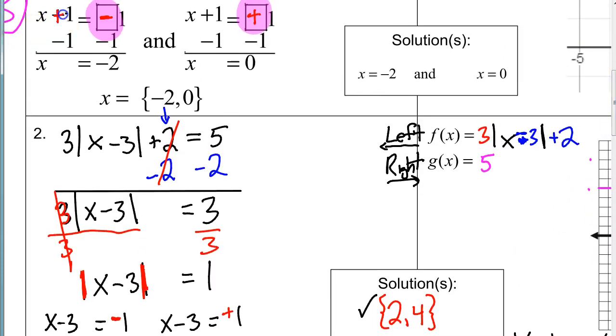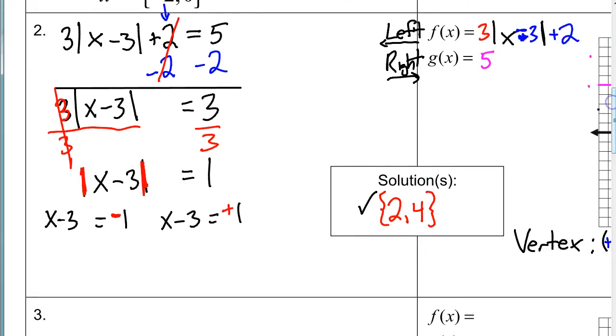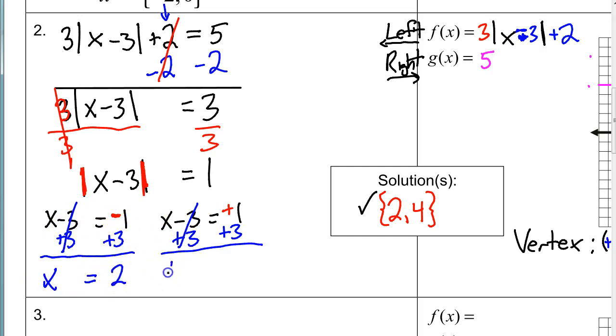Since this was a +1 up here, we subtracted 1 on both sides. Ours is a little different. It's a -3, so we must add 3 to both sides. Okay. So x equals 3 minus 1, 2.